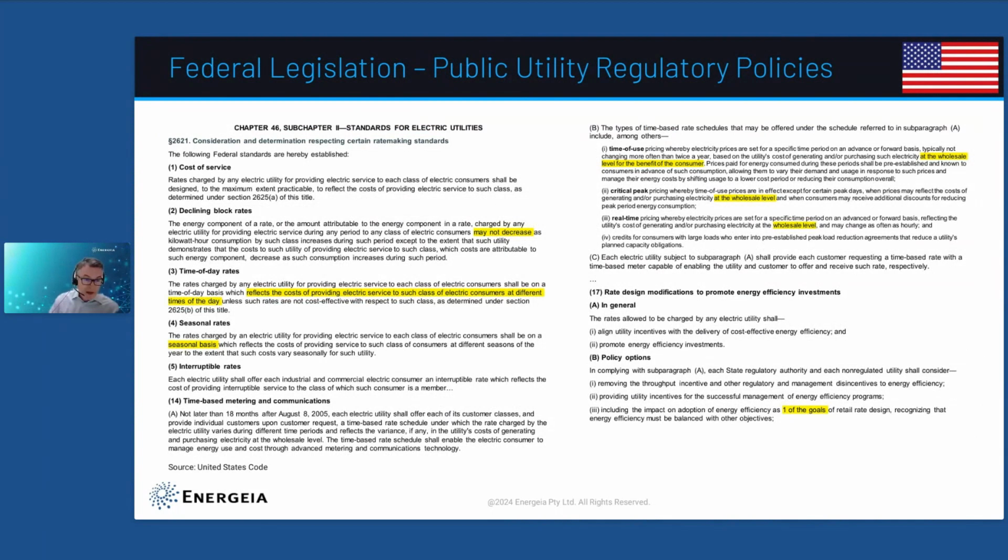The time of day rates, and that those should be applied to different classes at different times of the day in a way that's cost reflective, that they might be seasonally varying, and that ultimately metering is required to support them.